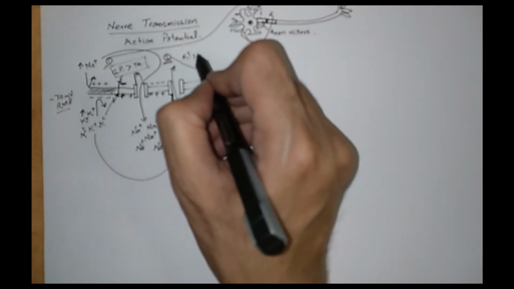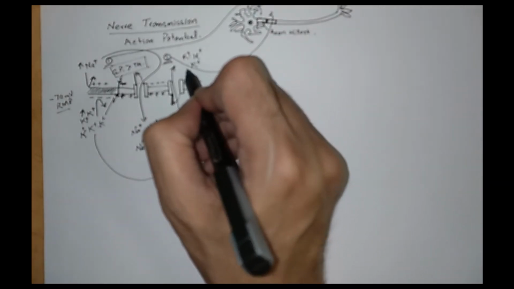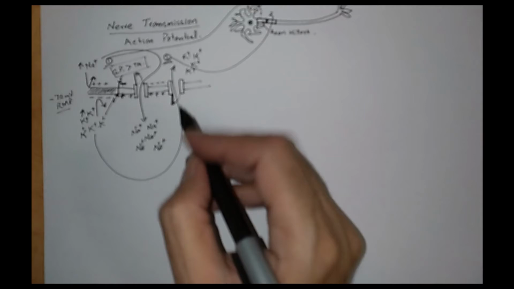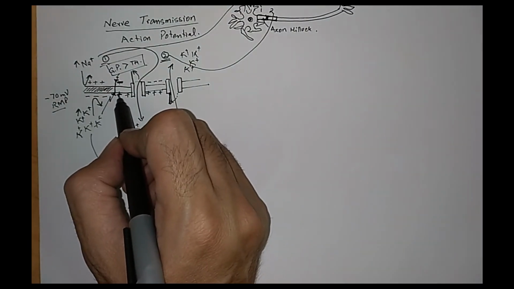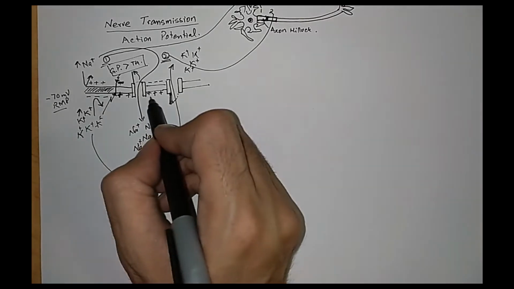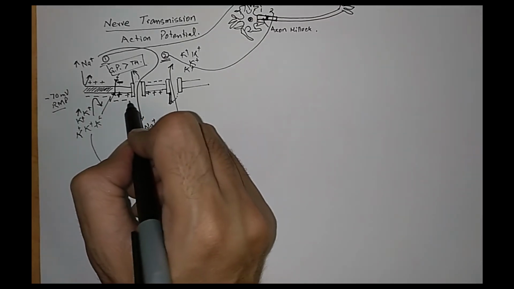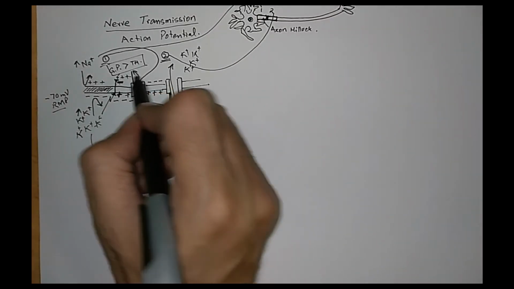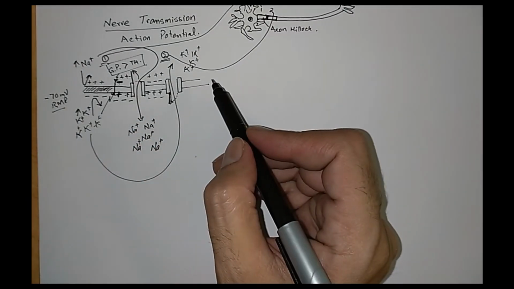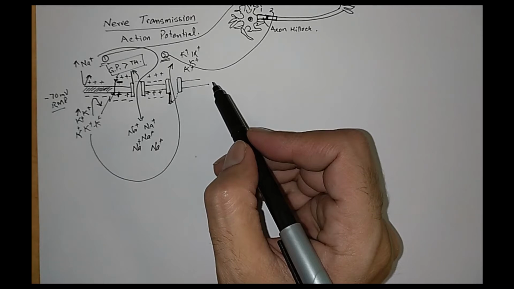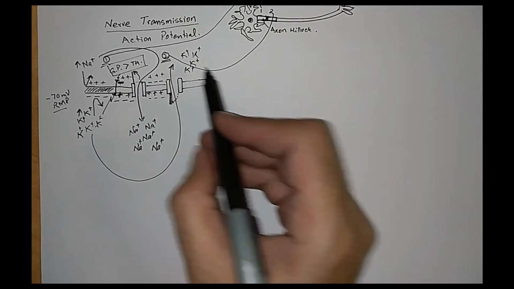So the potassium ions go outwards, hence restoring the polarity of the membrane again towards negative inside and positive outside. This is called repolarization.